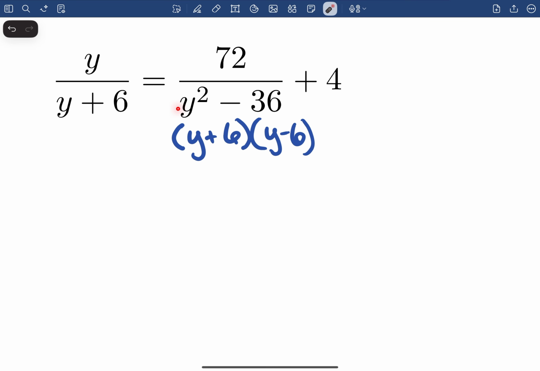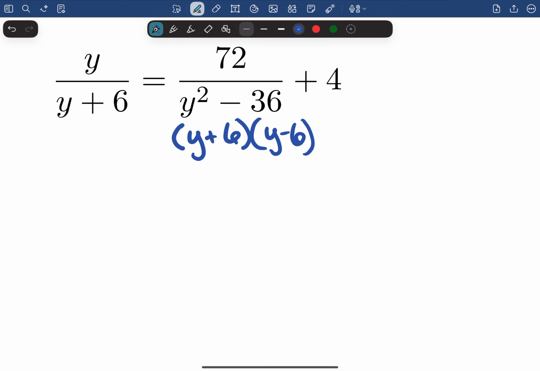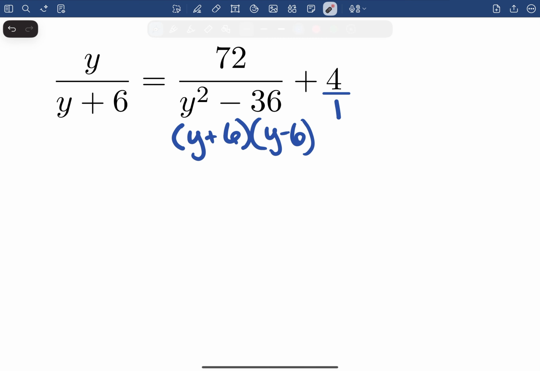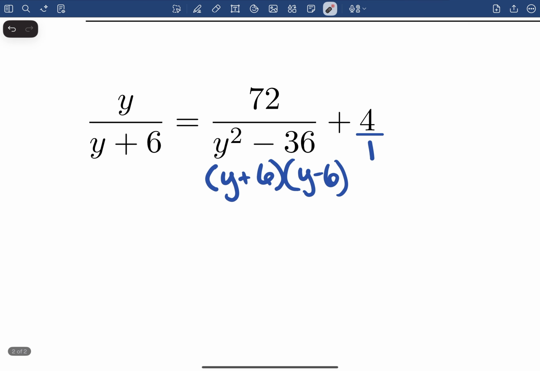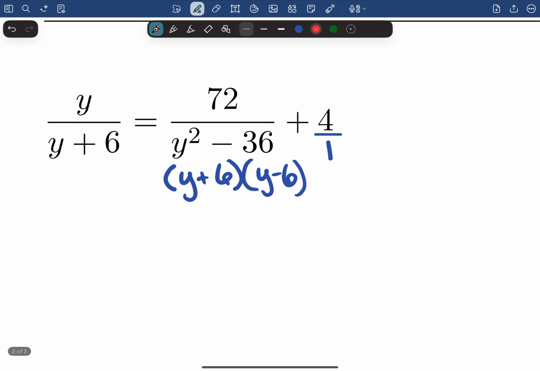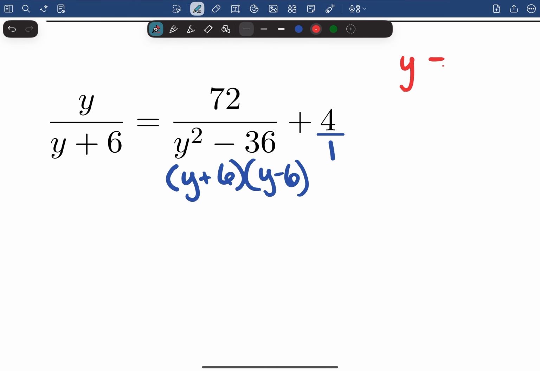Great. So always look for factors, things that you could factor further. And then it might be nice to turn this 4 into 4 divided by 1. So you see, the denominator of this fraction is 1. Great. So now let's take note of what the value y cannot be.